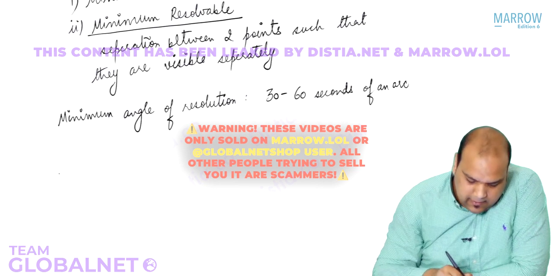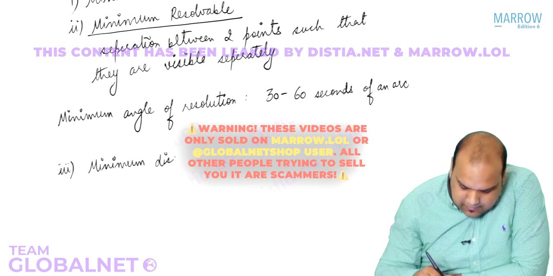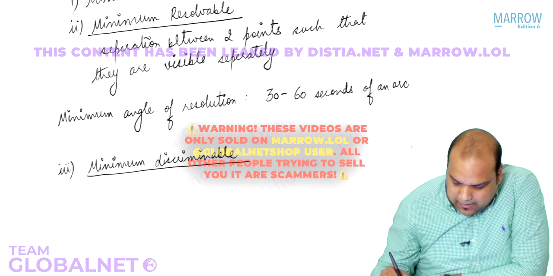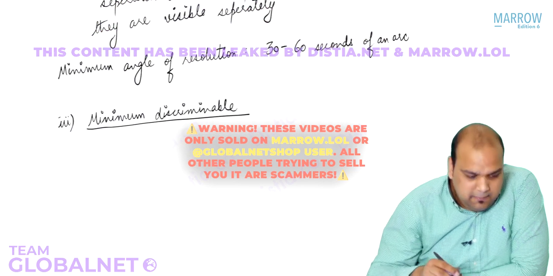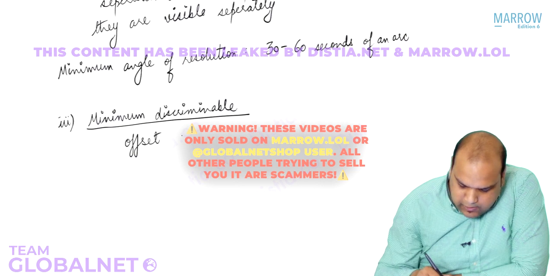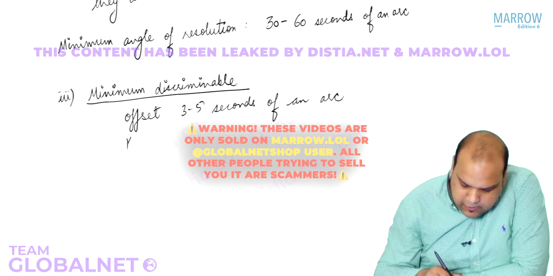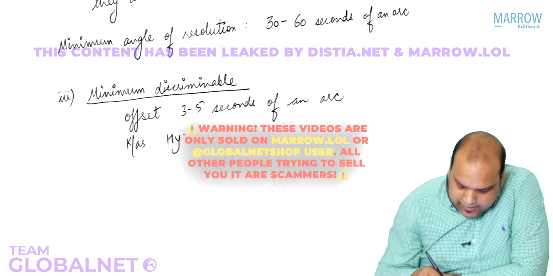Okay. Now the third component is said to be minimum discriminable. Okay, everybody? Minimum discriminable is an offset usually only of 3 to 5 seconds of an arc. This is actually known as hyperacuity.